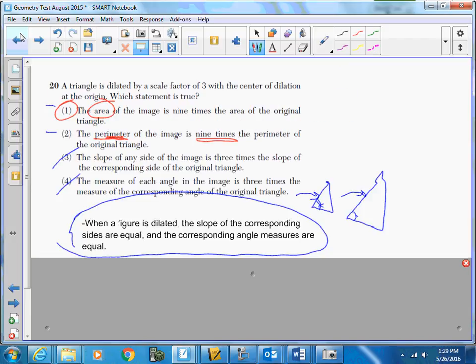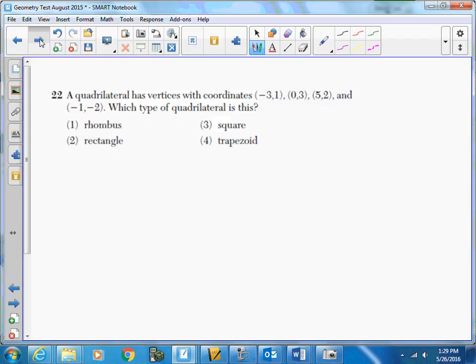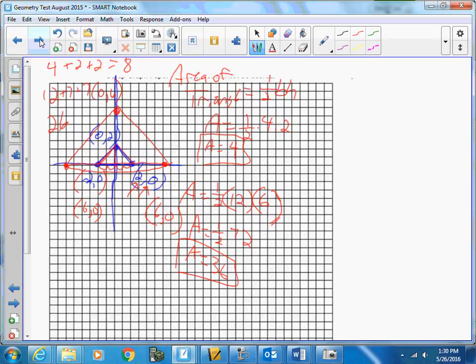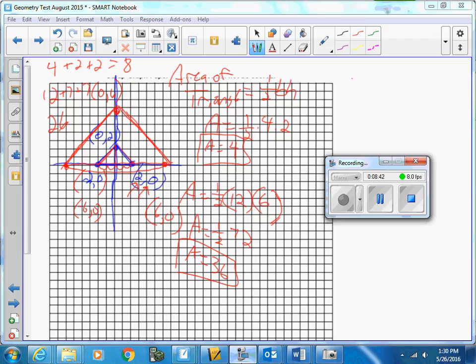All right, so we did that pretty quickly. We could actually find out the perimeter, find what this length is exactly, and then this one would be the same, and add them up. But in general, just looking at it and estimating, we can tell that number 1 is our answer. All right? So let's move on to the next problem.